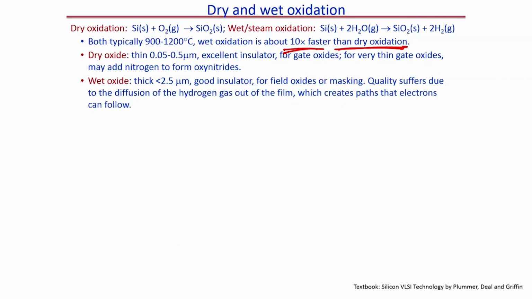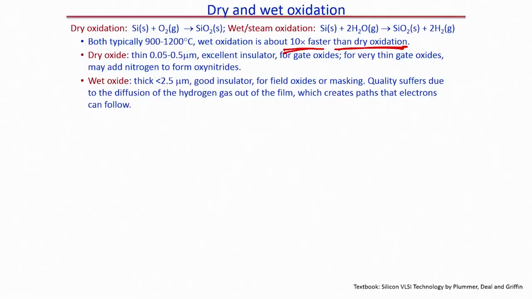So, whenever you want to grow silicon dioxide for gate, we will be using dry oxidation. When you want to grow silicon dioxide for masking oxide, we will use wet oxidation.